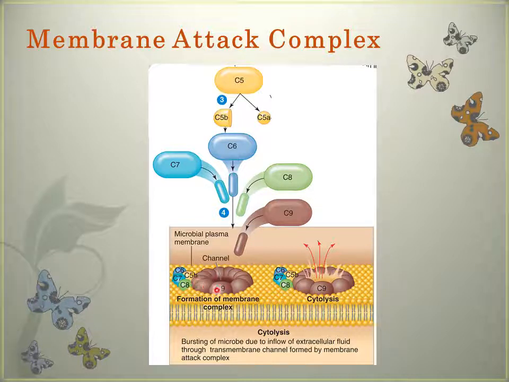Then multiple C9s come in and align themselves in such a way so that when it's all done, there's a hole in the cell membrane, and the hole allows the contents of the microbe to leak out, and the microbe will burst.